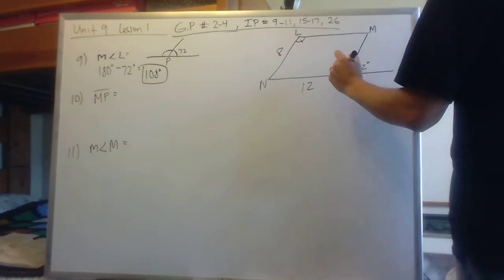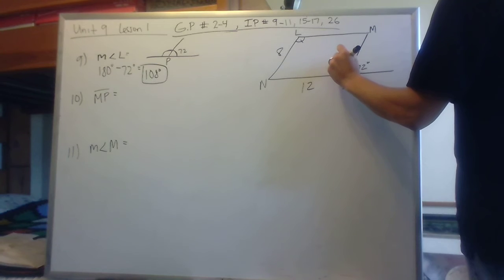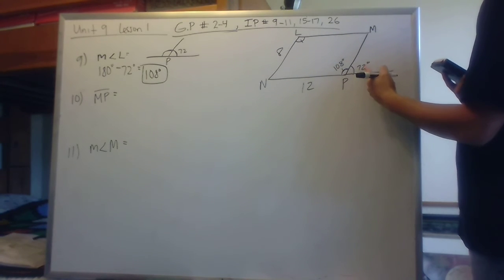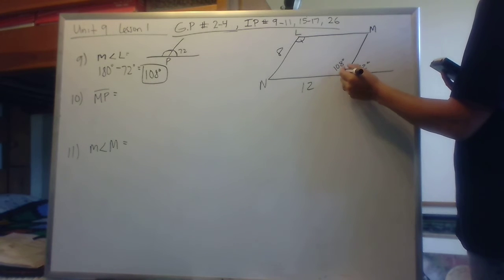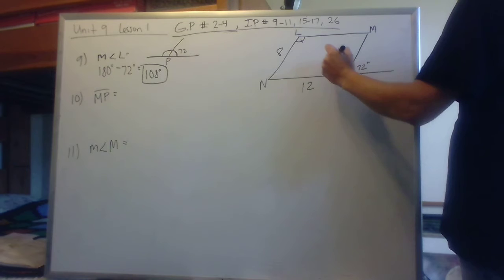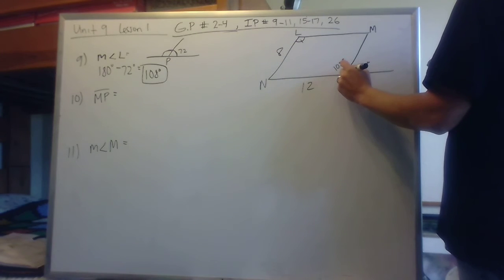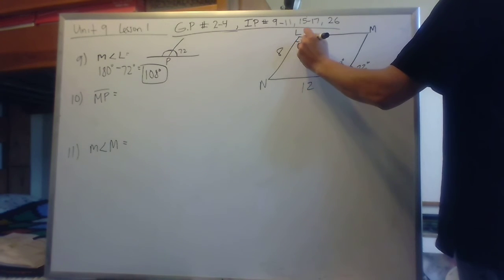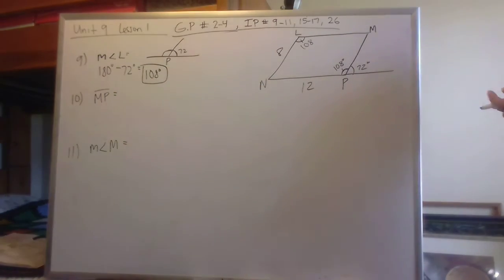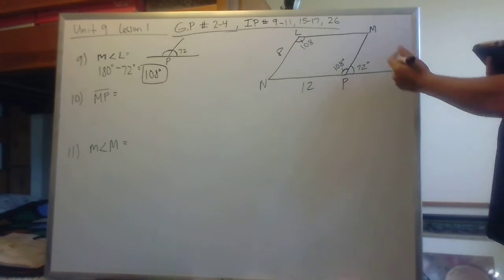So we know that this interior angle is 108 degrees for P. 108 plus 72 makes 180, so that would be correct. And because these two angles, angle L and the interior angle of P, are congruent, that means that angle L is 108 degrees.